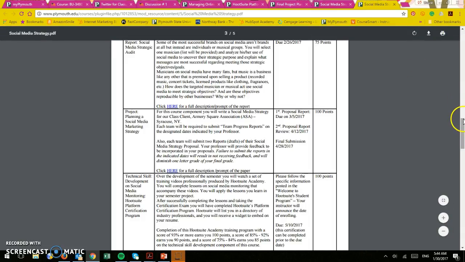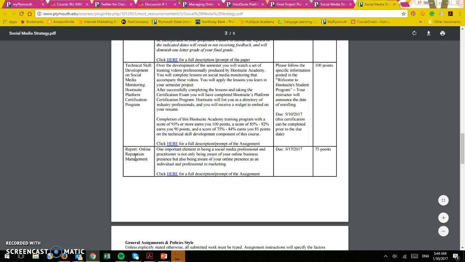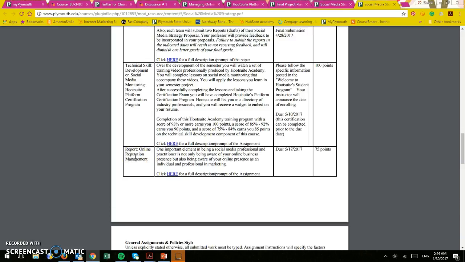Finally, we have one more assignment here that again is going to be developed throughout the entire class, and it's an online reputation management report. So it's basically going to be a paper where you are going to analyze how you handle your social media sites.